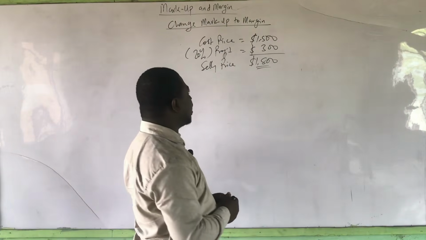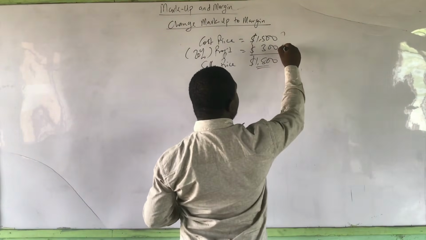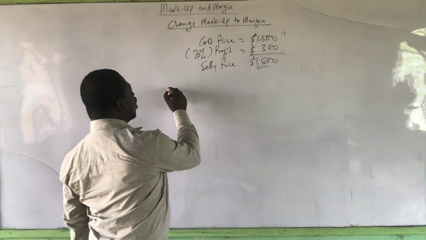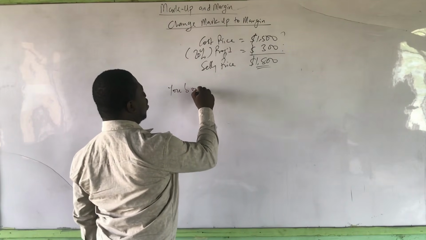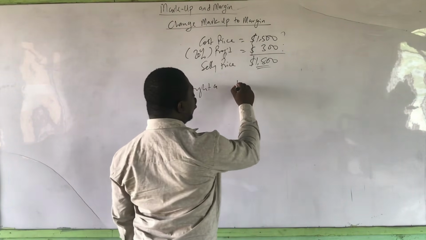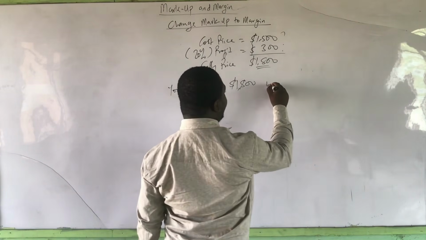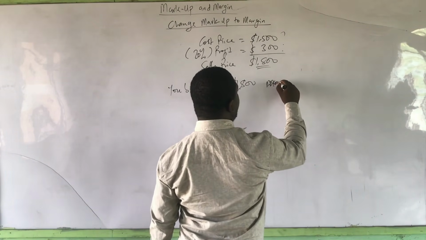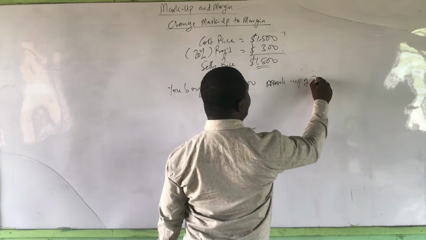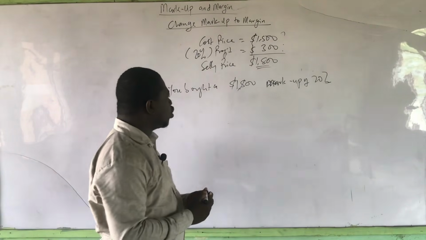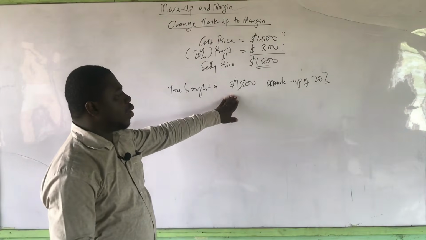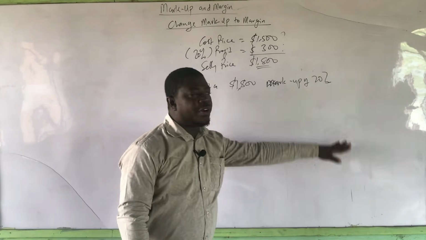So let us assume that you didn't know any of this, but you have been told that you bought an item for $1,800, okay, with a markup of 20%. Now take note. The selling price is 1,800 with a markup of 20%.